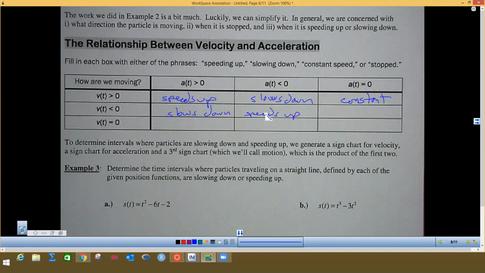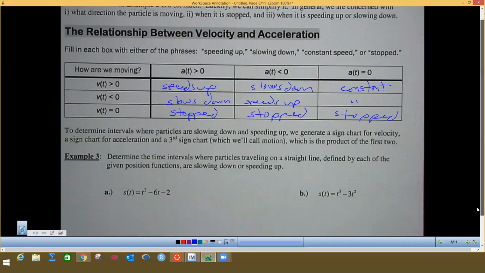And then again, you're moving left, but there's no wind, so this is also constant. Then velocity is 0, that means the object is stopped, and all of these are stopped. So that has to do with what we did on the other page.